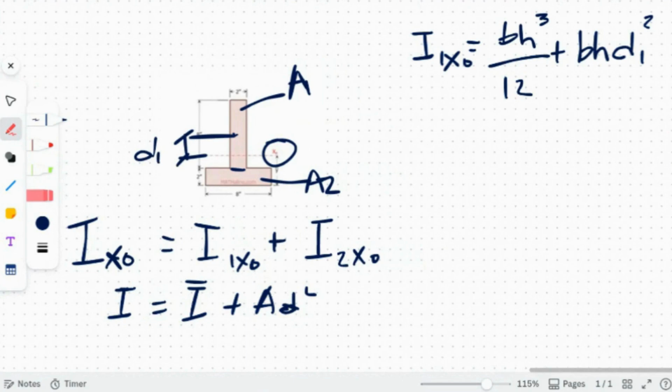And then D2 is this one, halfway there. This is D2.